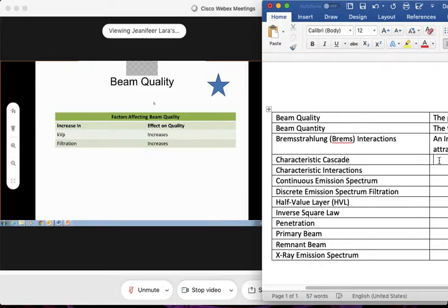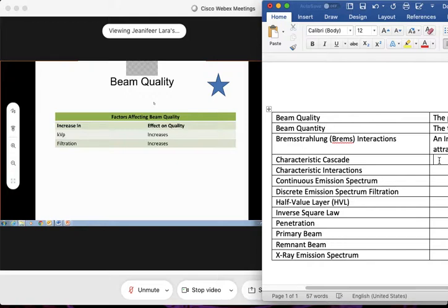When we use seconds, we measure something. So MA and time are not beam quantity. Beam quantity is the amount of photons in the X-ray beam. So mass is not beam quantity. Mass controls beam quantity.